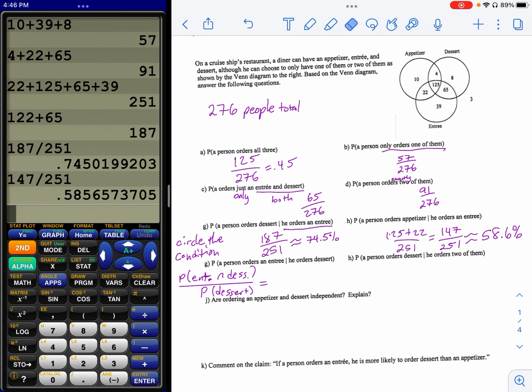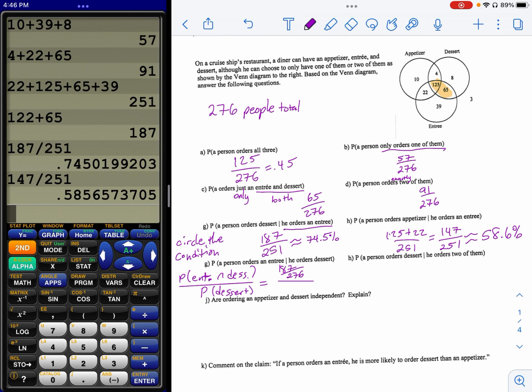Let me clear this off again. I like to start fresh. People that ordered an entree and dessert, that would be these people. I know the people in the middle ordered more, but they did order an entree and a dessert. So that is the 187 number again. 187 out of 276 divided by the probability somebody ordered dessert.